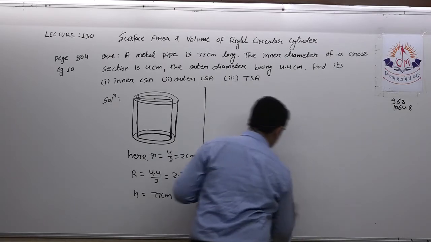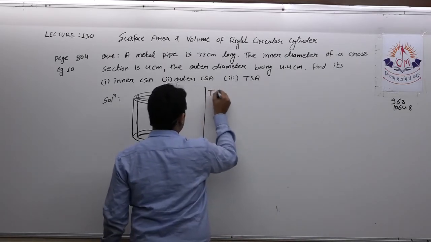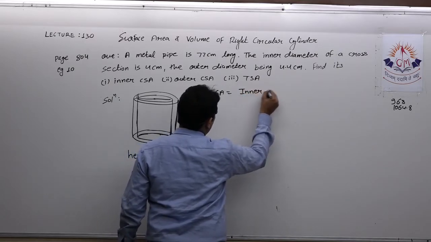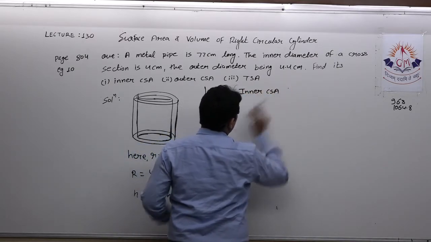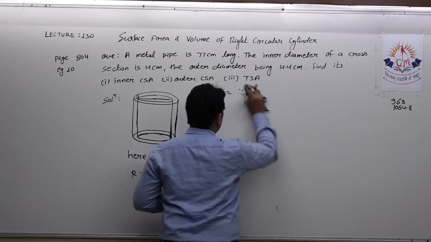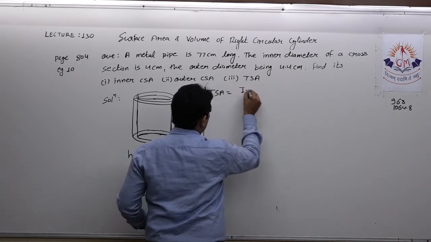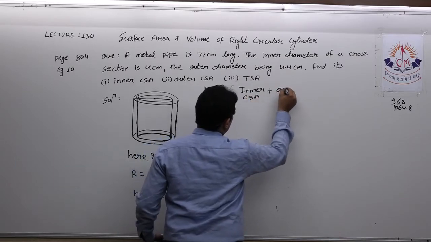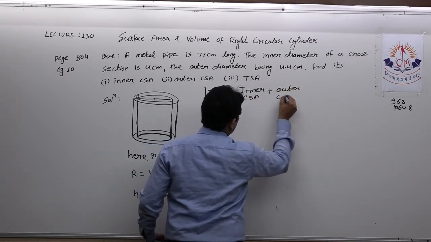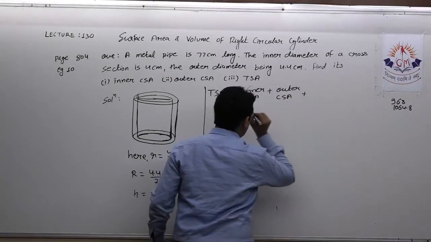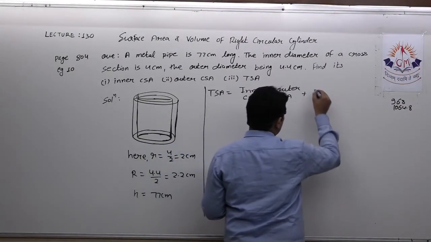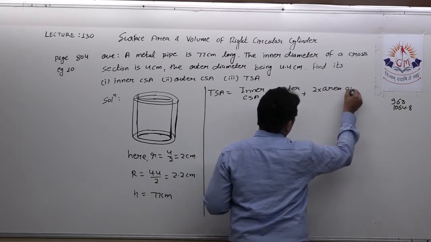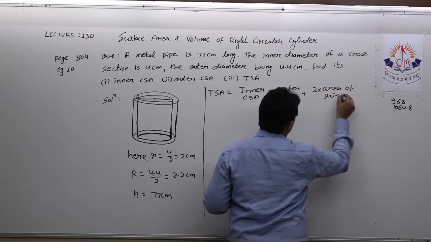So total surface area TSA is equal to inner CSA plus outer CSA plus 2 into area of ring.